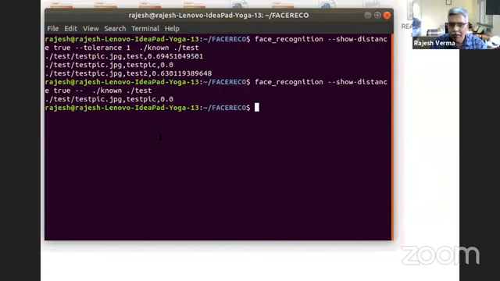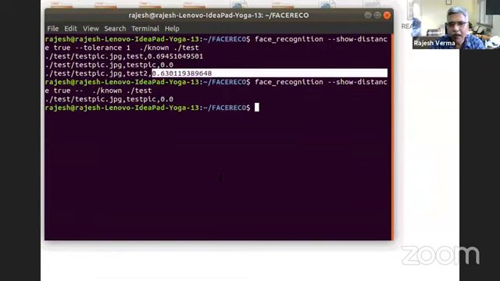So I compared every image of the person with every other image in the database, and then I had the ground truth of which image belongs to which person. In this way, I found the score of each comparison, and then I modeled the same source scores and the different source scores, and then found the likelihood ratio.